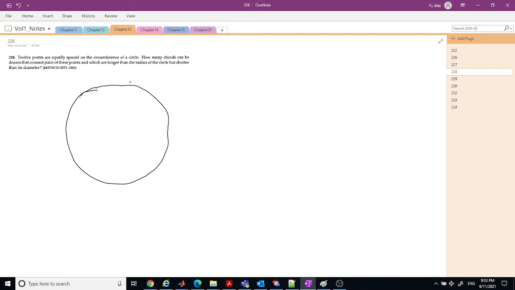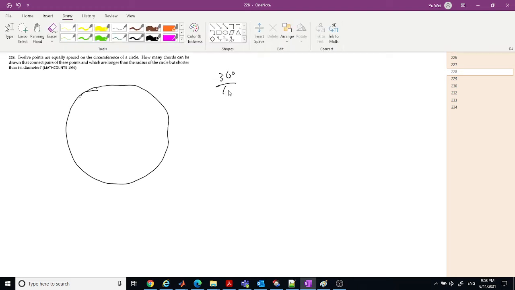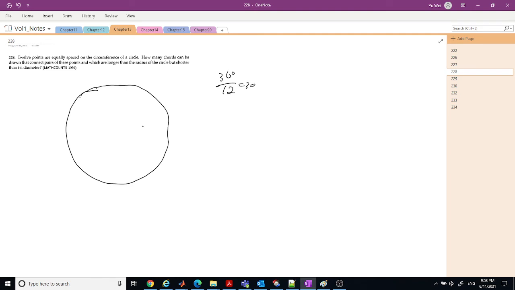That's we cutting the angle into 360 divided by 12 is 30 degrees, right? So we do this, and each one is 60 degrees, right? And we cut each one here, and each one here, right?